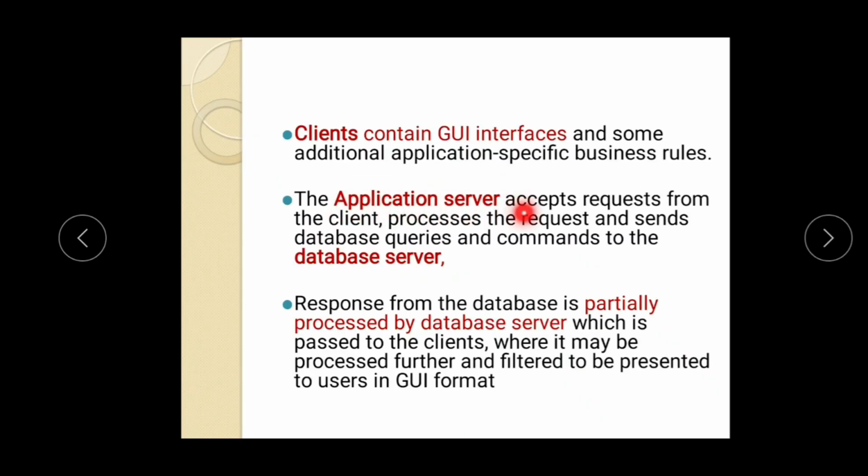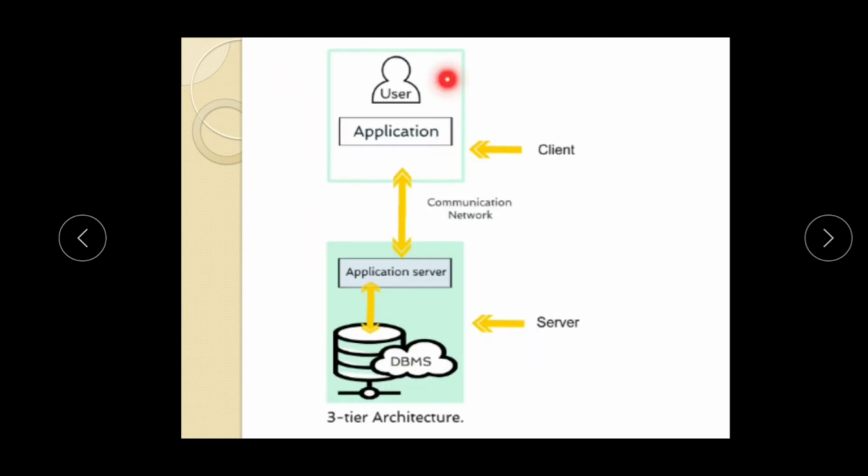Now the application server accepts requests from the client, processes the request, and sends the database queries and commands to the database server. The response from the database is partially processed by the application server, then passed to the client, where it may be processed further and filtered to be presented to the users in GUI format.